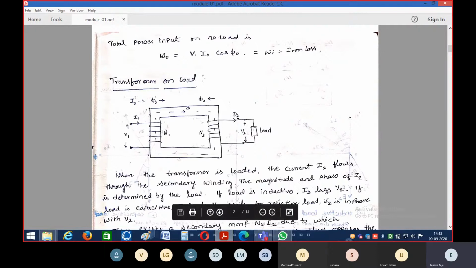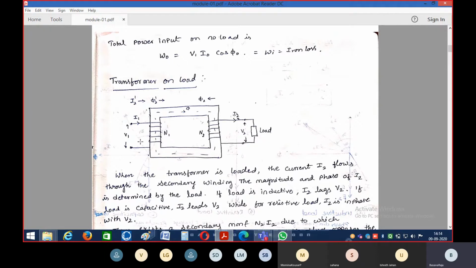Now see here, when we connect the load, what will happen? When the current I1 is flowing in the primary winding consisting of the resistance R1, whenever current is flowing through a resistance, there will be a voltage drop according to Ohm's law, as we already know. The voltage drop across the resistance is the current flowing through it multiplied by the value of resistance.